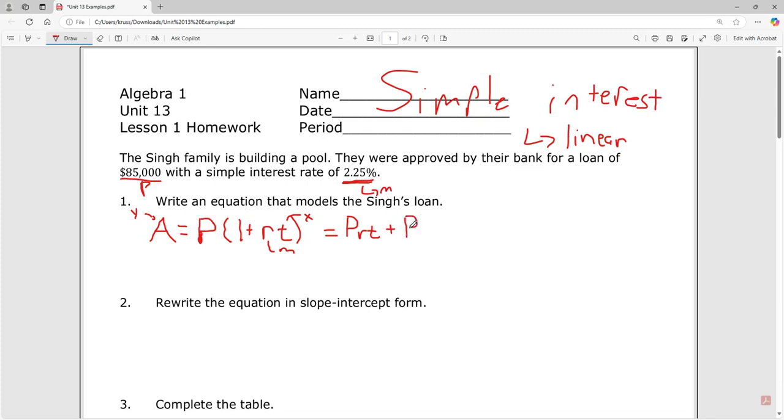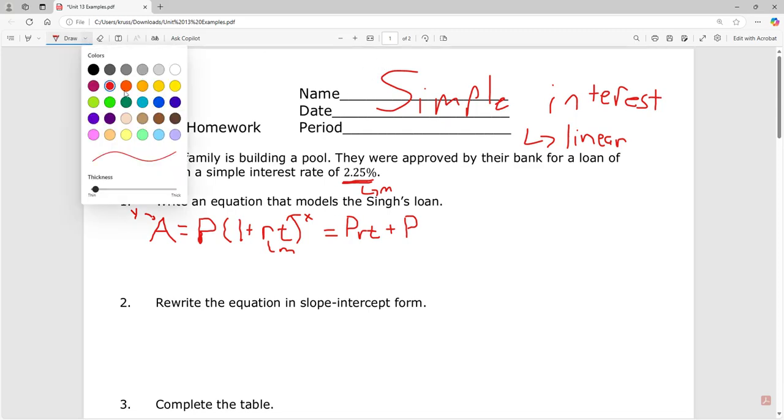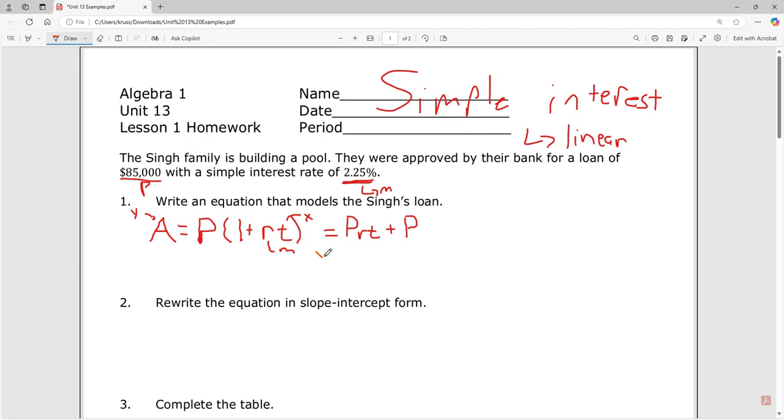Okay, so all they did here, I wrote this term first, so it would be in the mx plus b format. So this effectively is y, which is our A term, equals mx plus b.